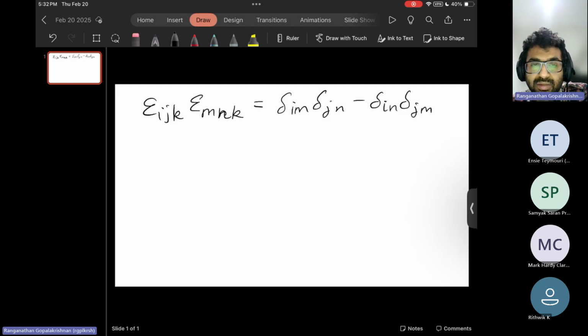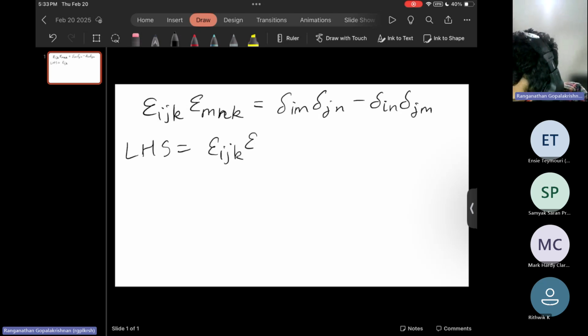Anyone else? Summation over k. You want to do summation over, wait, did it say epsilon mnk? Okay, so summation over k. I'm just starting with the left side, epsilon ijk, epsilon mnk. We'll write k is the repeating index.